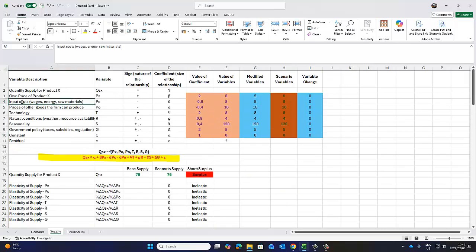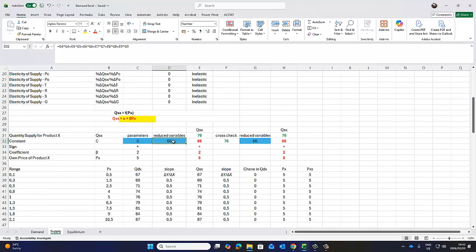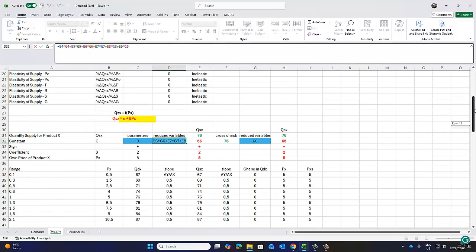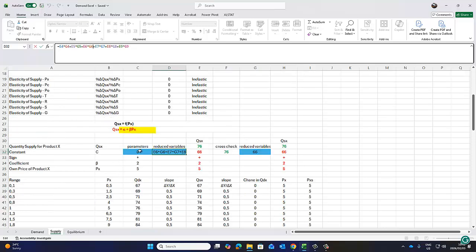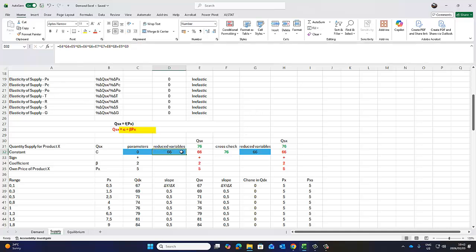If I calculate my input cost, which is 0.6 times 8, and the price of the other item, 0.4 times 16, and I add those values, I get to 66. You'll see there 66 is those values except the own price and the constant, because here I have that value of 0. If I include the 0 there, that will be double counting. So 66, and then I can calculate that.